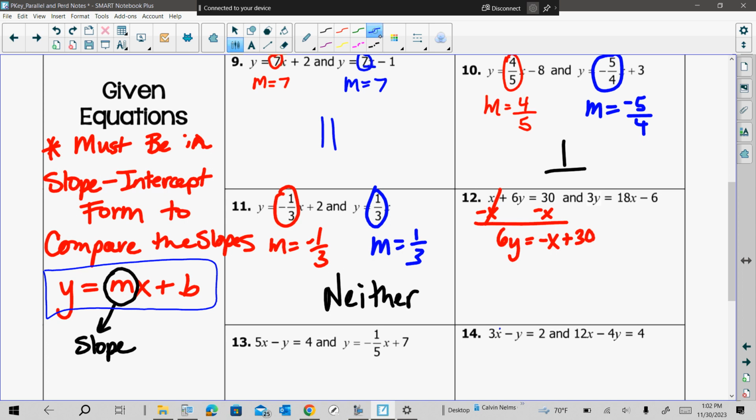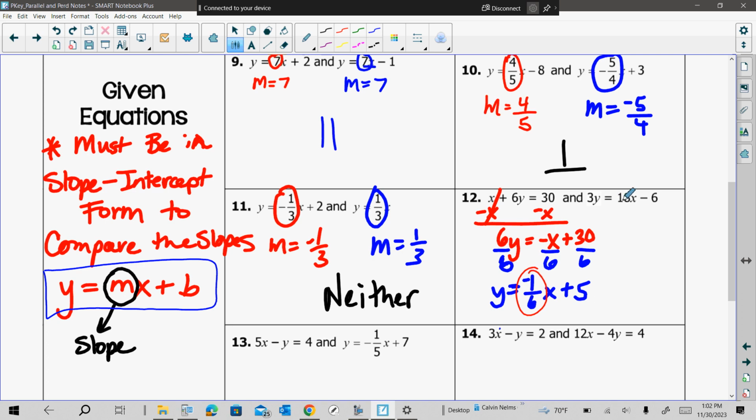Now you have to divide everything by 6, the coefficient of y. All right, so y equals negative 1/6 x plus 5. Now I can see the slope. I can circle it right here. The slope is negative 1/6. And now I can compare it to the other equation.